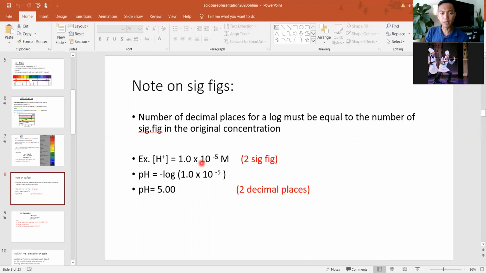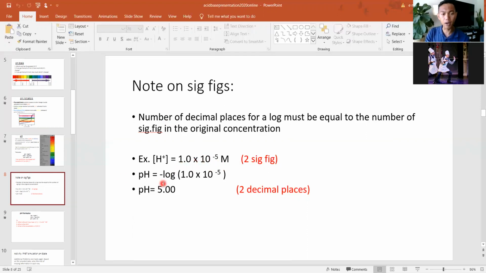Let's use an example. What if your concentration of hydronium or H plus is 1.0 times 10 to the negative 5? Remember way back in the earlier part of the year, when looking at this number, we don't factor the exponent as part of the sig figs. The sig figs is the base number. So we have 2 sig figs on this given.